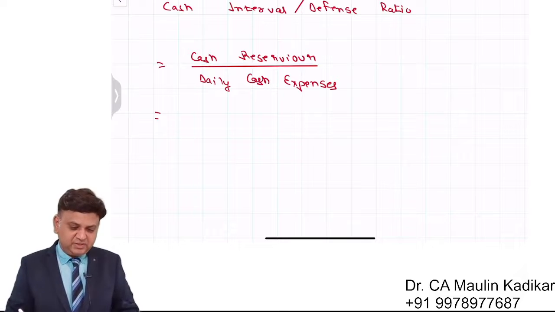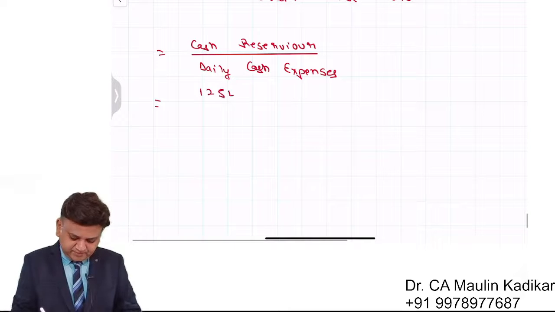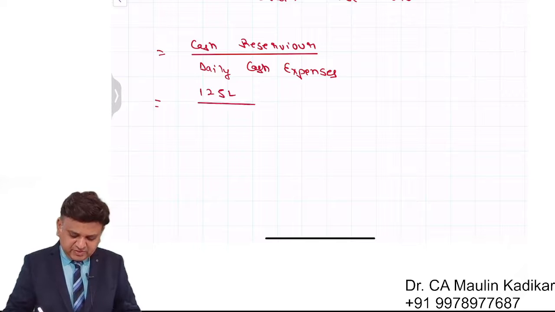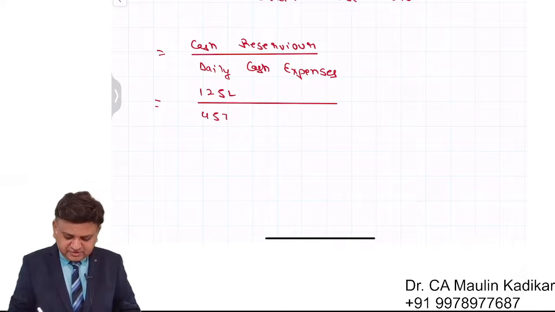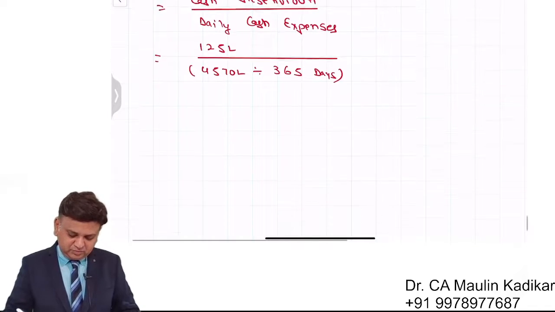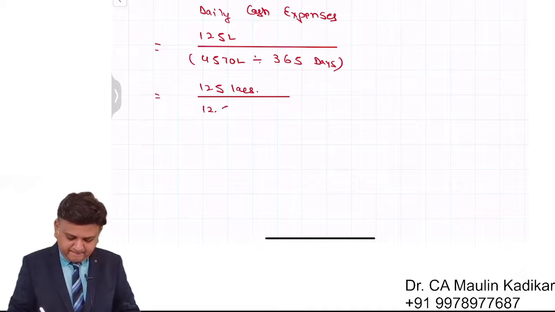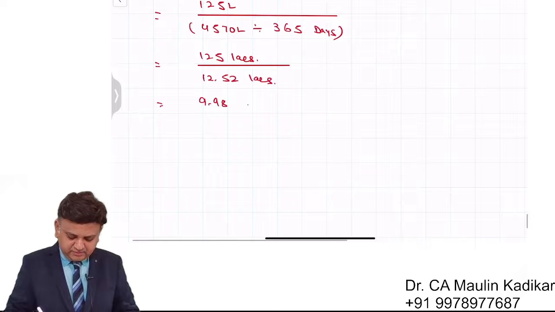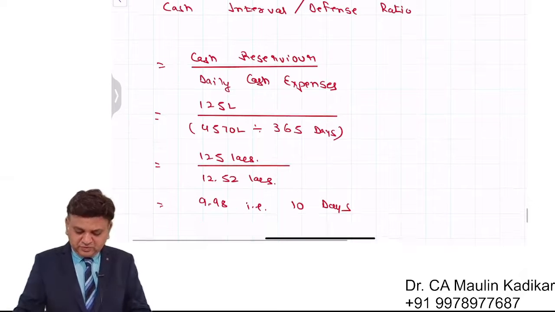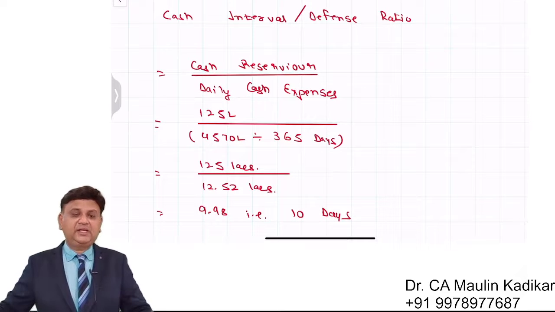The amount of the cash reserve is 125 lakhs divided by daily cash expenses. So it is 4570 lakhs divided by 365 days. So it is 125 lakhs divided by 12.52 lakhs. That is 9.98. That is 10 days. Write an answer for the question, then I'll dictate a note to you.